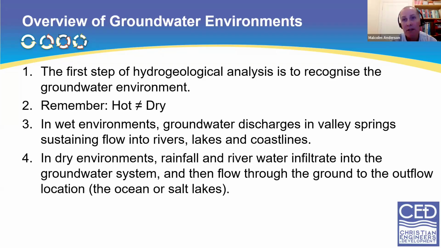In dry environments, it's not like that at all. What happens is the rivers will be suspended above the groundwater level, and so the rivers will be losing rivers, providing water through infiltration of the riverbed into the groundwater system. And that groundwater flow is then what reaches the low point in the groundwater system, and that will either be the ocean margin, or it will be salt lakes, of which there are many examples in the rifts of East Africa.